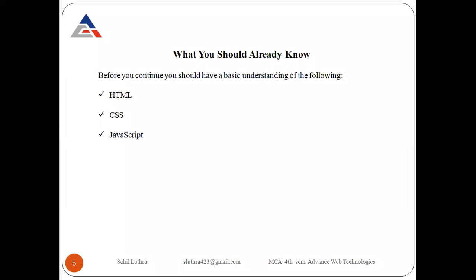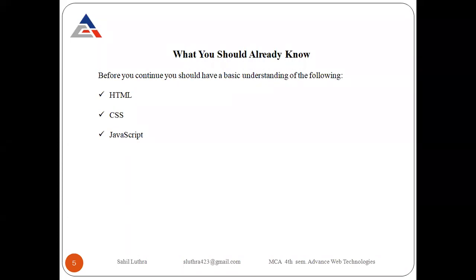If you want your website to look interactive or attractive, then you have to use JavaScript. So this is all about JavaScript. JavaScript is basically a programming language that is used for the development of websites or to make the website interactive.